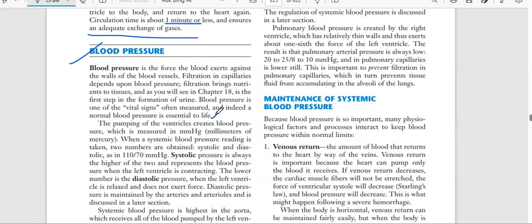Second thing is, if the blood pressure increases, what will happen? The capillaries cannot bear that amount of pressure. They may burst. The arteries also cannot bear it. If I am crushing this bottle with some pressure, 20, 30, it is okay.